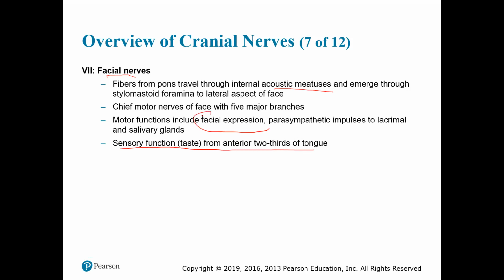Remember the orbicularis oculi and the risorius and the buccinator that make you drink a milkshake at Chick-fil-A or smile, right, or grimace, whatever those muscles are, and you learn that. And it's also autonomic because it feeds or innervates the salivary glands. Yeah, and also the lacrimal glands too, as well.